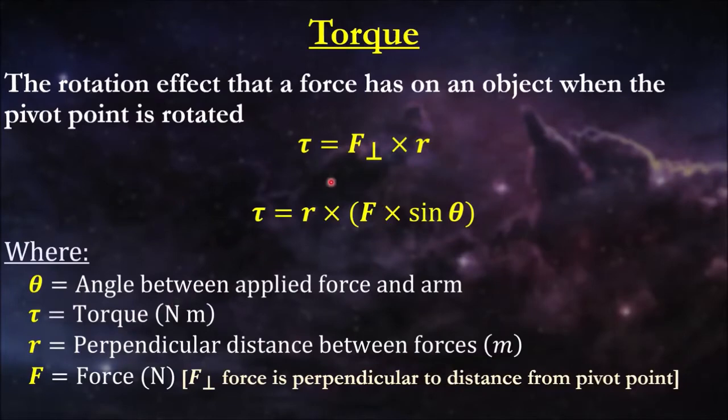Moving along, these were the definitions, or the formulas, we looked at in Module 5. So if you're not sure, refer back to Module 5. And these were all what we said. Theta is the angle applied between the force and the arm, or you could say the rotation or the radius.